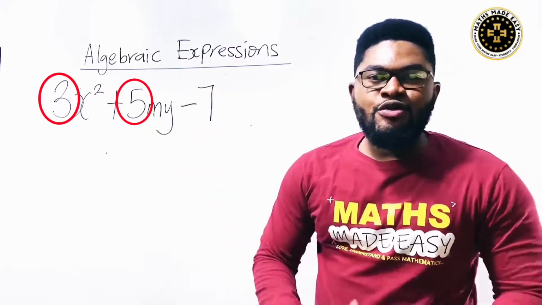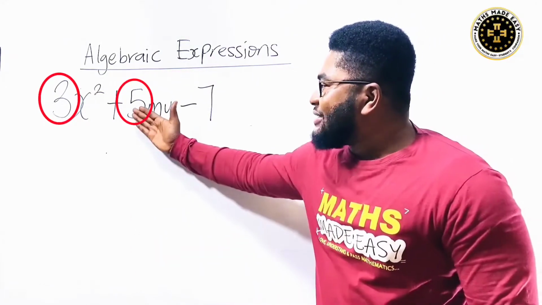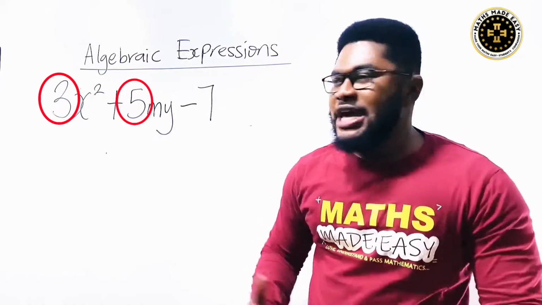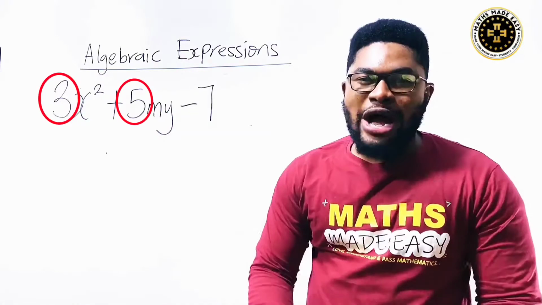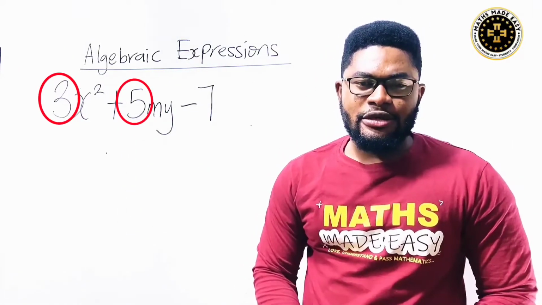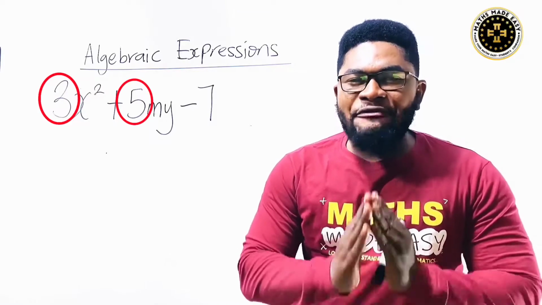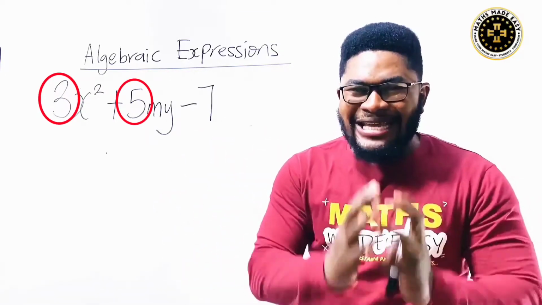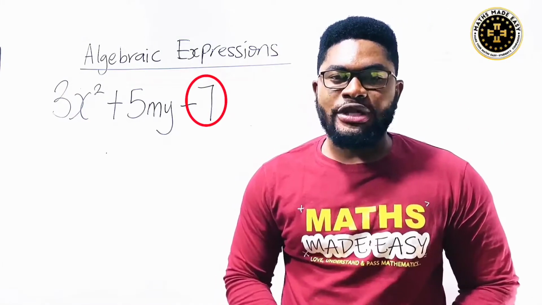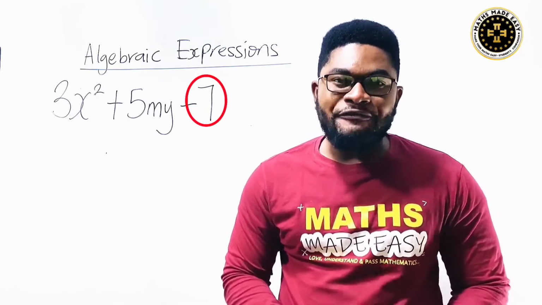The my represents variables. Since 5 is directly attached to my, which is to say 5 is multiplying my, then 5 becomes a coefficient. Now remember, coefficients are directly attached to variables. 7 has no variable attached to it, so 7 cannot be a coefficient.